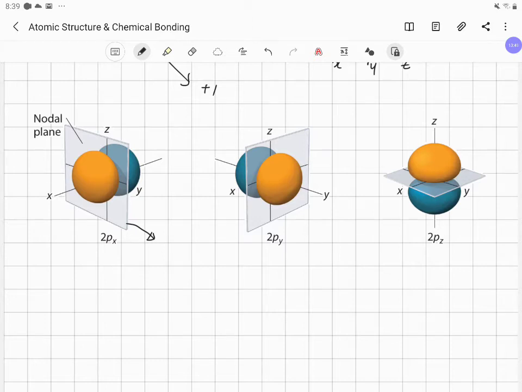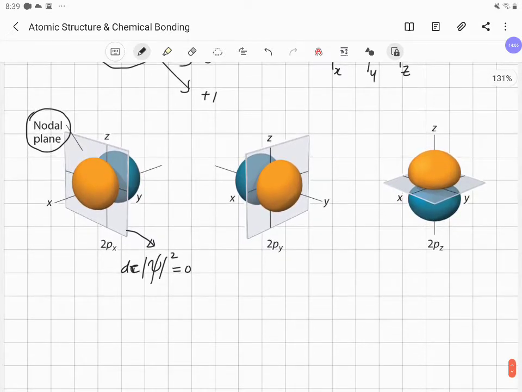In that plane, the probability of finding the electron is 0. So for 2px, this is the plane where the probability of finding the electron is 0. And such a plane is known as a nodal plane. So for 2px, there is one nodal plane, and in that nodal plane, the probability of finding the electron is 0.